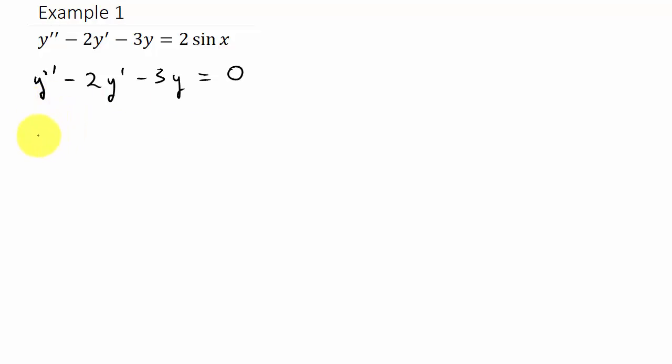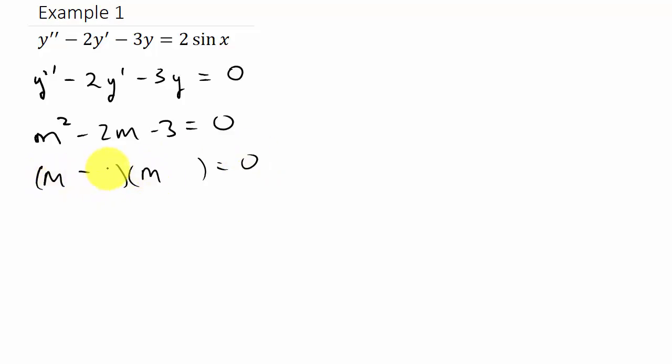We rewrite this as m squared minus 2m minus 3 equals 0, and then this factors as m minus 3 times m plus 1. So we get m equals 3 or m equals negative 1. So we have our two roots here for y sub c.